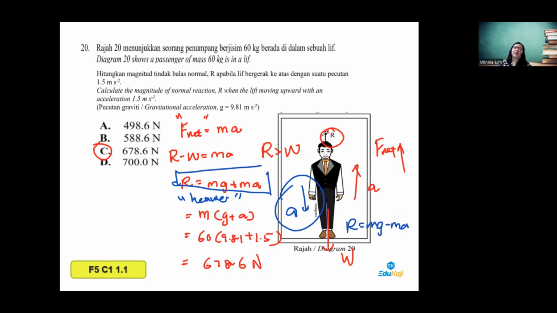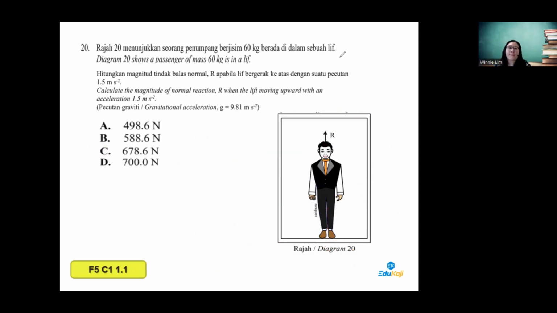But if the object is at rest or moving at constant velocity, then they will have an equal relationship, that means R equals mg, your real weight. So whoever wants to slim down, go inside a lift and accelerate downward, but it's just apparent.